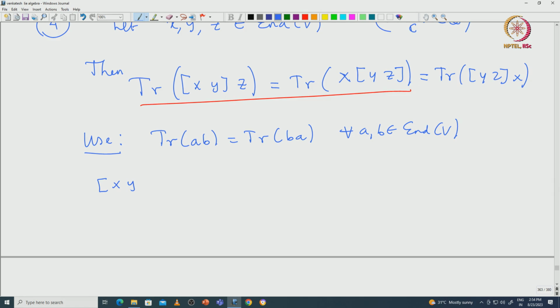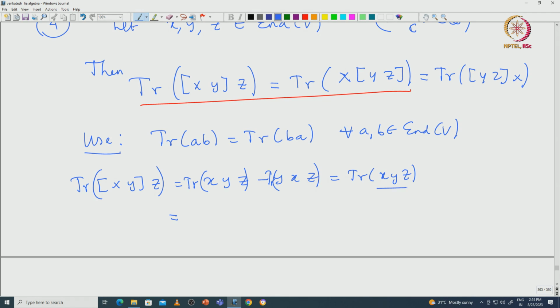If I take the bracket [x, y] times z, then you can see that this is xyz minus yxz. Then if you are computing the trace, the trace of this is the same as trace of this minus trace of this. Then this is the same as trace of xyz.